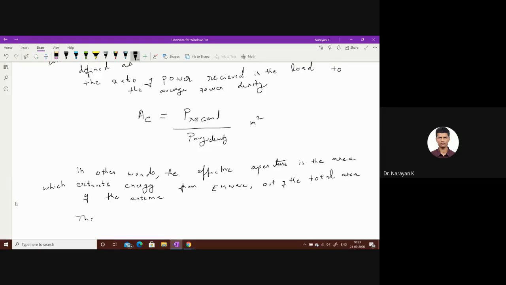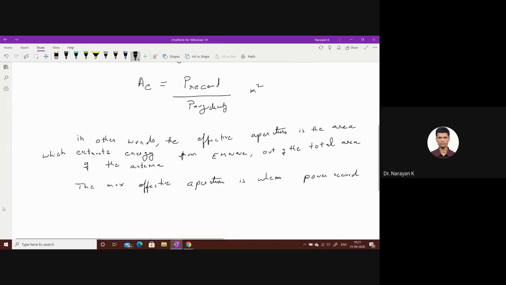The maximum effective aperture is when power received is maximum.